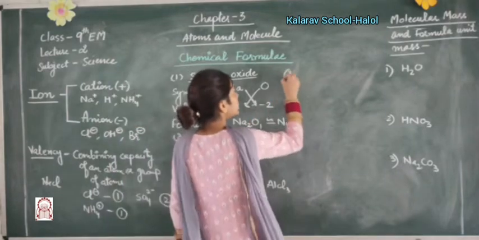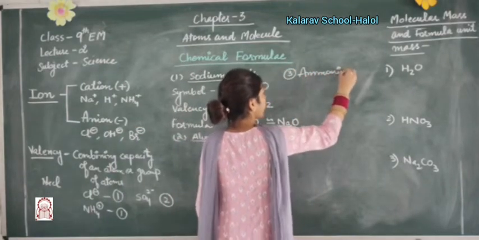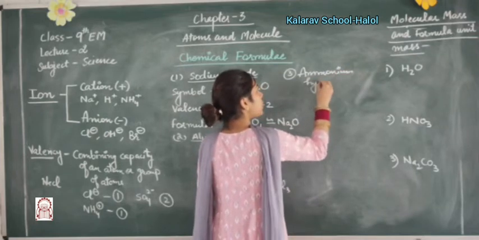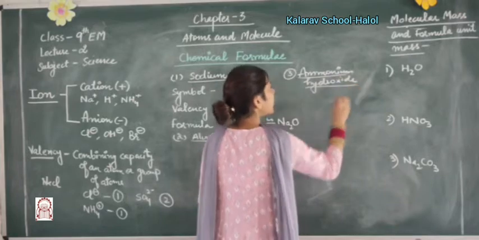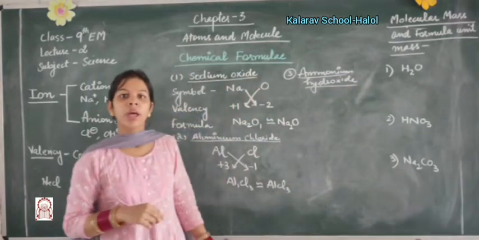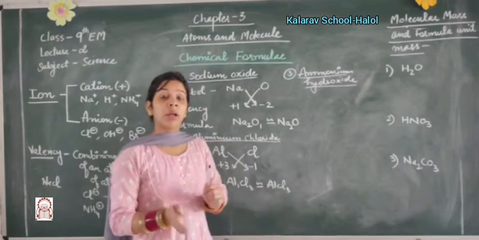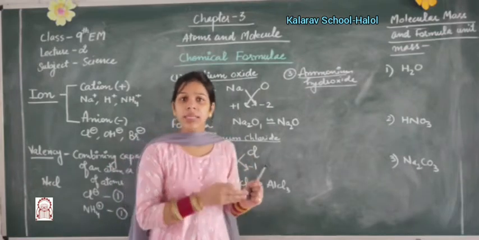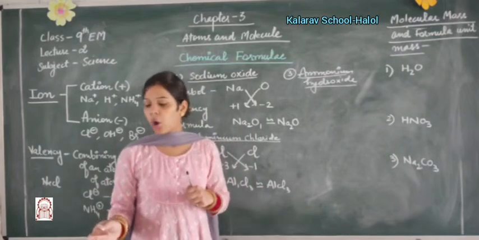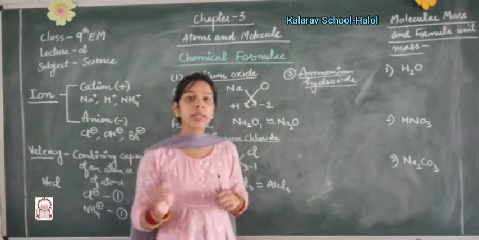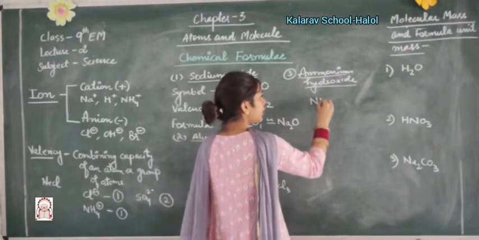Next is ammonium hydroxide. I will give you as many examples as possible, and I have also given in the PDF a number of different formulas you can try at home. But to try these chemical formulas, you have to learn the table I showed on page number 37 of your book first.